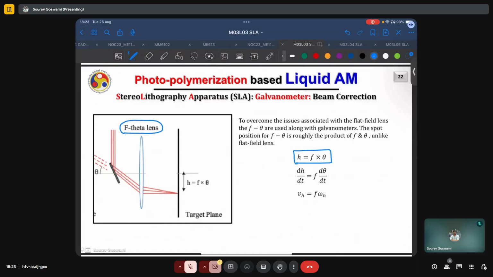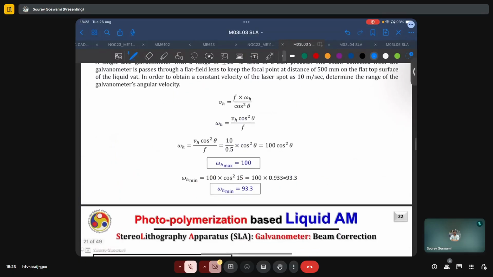And here we find that the velocity of the moving laser spot VH is simply the focal distance times the angular velocity of the galvanometer mirrors. This is far more convenient because now for most applications the focal distance f will be fixed, so we can directly relate the scanning velocity of the laser spot on the printing plane to the angular velocity of the galvanometer mirrors.